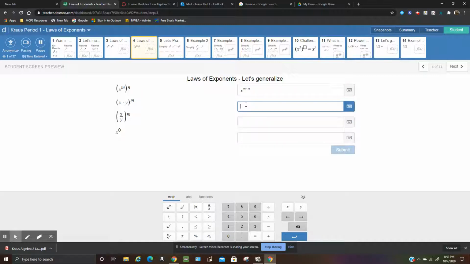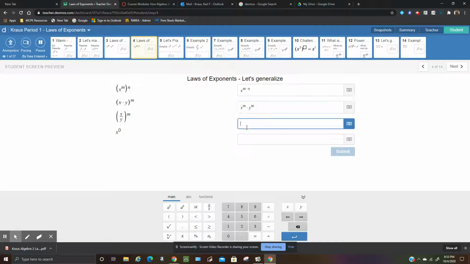And this is x to the m and then times y to the m. So power of a product is both of the factors to that power.